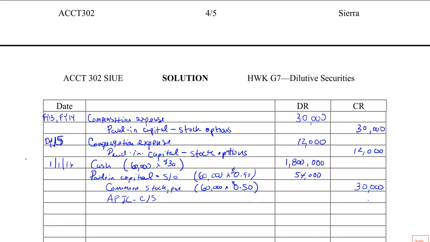Now what's the plug? 1.8 million plus 54,000 minus 30,000 gives APIC common stock of 1.824 million.